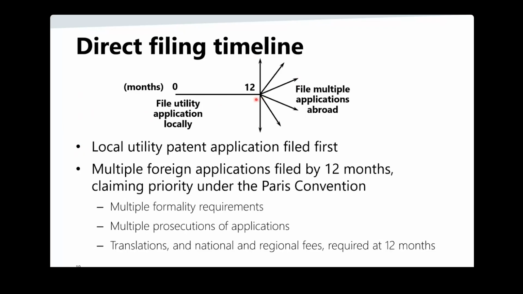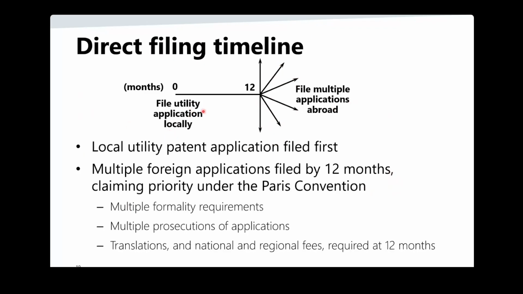By 12 months, that's the deadline for filing an application for the same invention, essentially, there can be differences, in one or more other foreign countries. In those foreign filed applications, and that's what this starburst is saying, we're filing two, three, four different foreign applications. Each of those would claim priority to this first filed application under the Paris Convention.